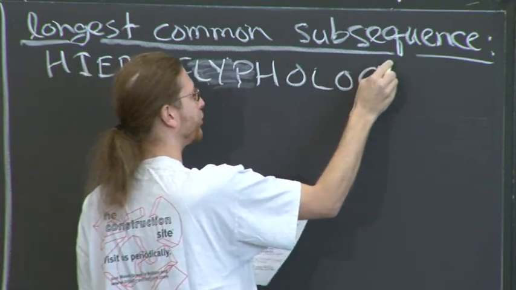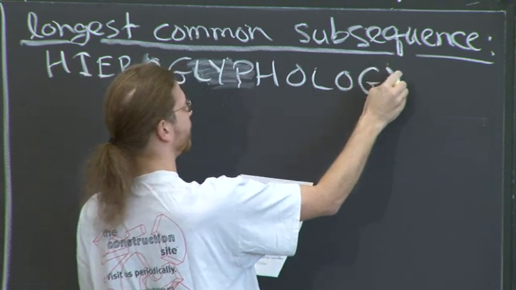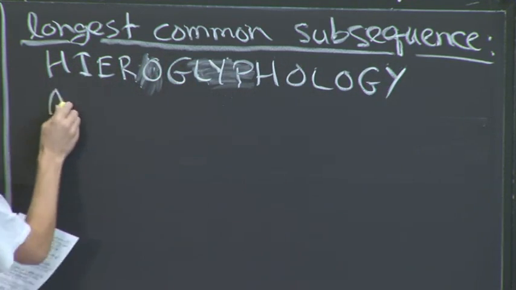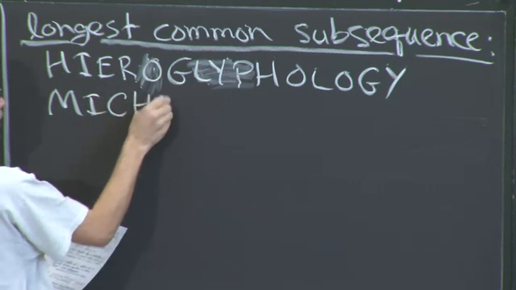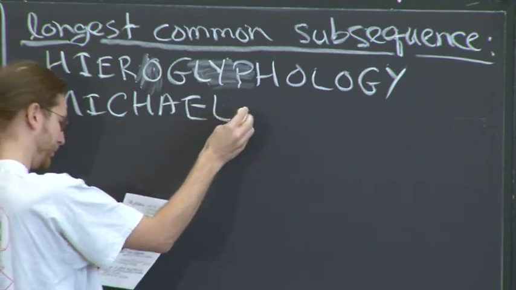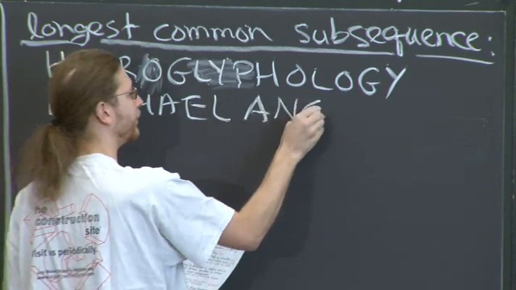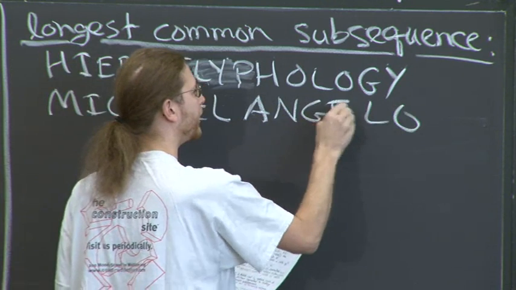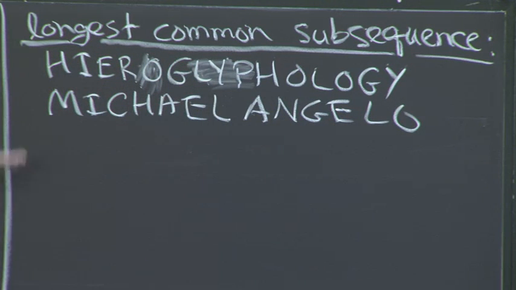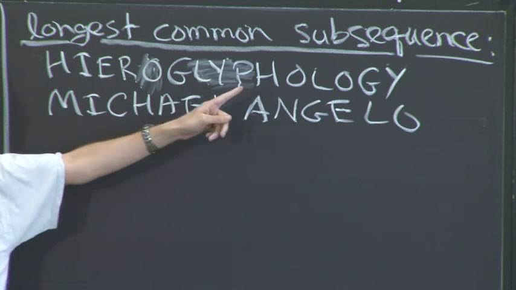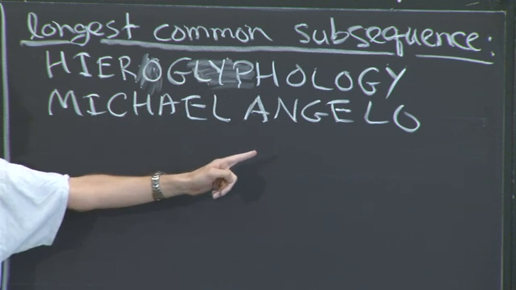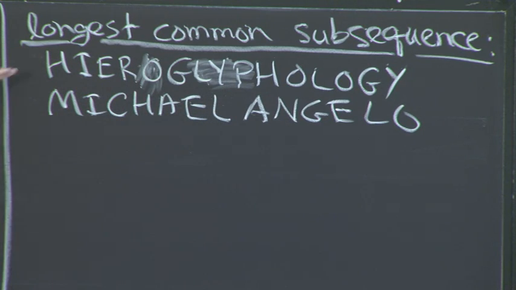Hieroglyphology is an English word. And Michelangelo is another English word, if you allow proper nouns, unlike Scrabble. So think of these as strings. This is X, this is Y. What is the longest common subsequence? So not substring. I get to choose. I can drop any set of letters from X, drop any set of letters from Y, and I want them to, in the end, be equal.